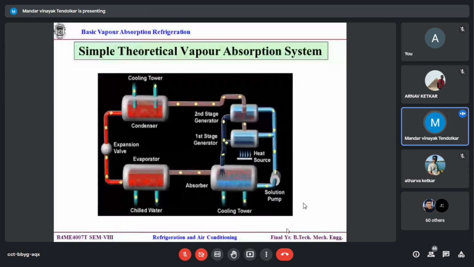The strong solution is pumped. Then you add the heat. That is your generator. At the top, that is the second stage generator, whatever is written there. That is basically the dephlegmator, where the separation is taking place. And the liquid part of the absorbent is coming down, blue color.